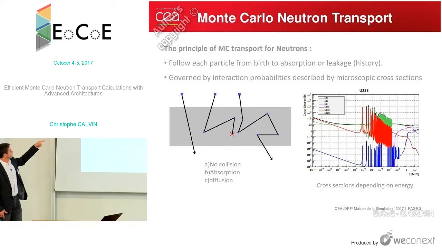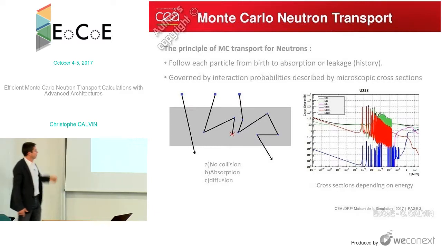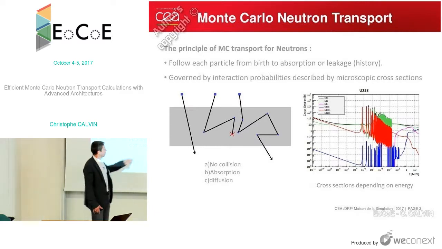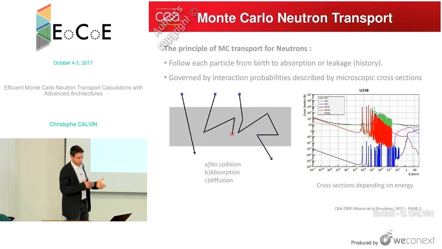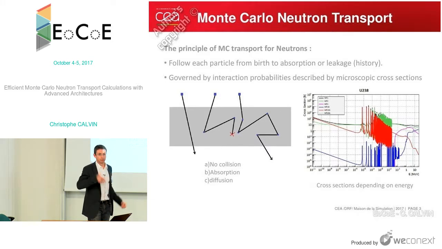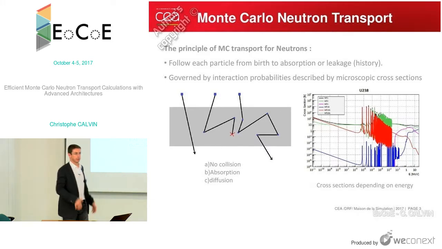All these cases depend essentially on the energy, and all the probabilities of these different interactions are represented by the cross-section. So the cross-section is the probability of interaction with other particles depending on the energy.